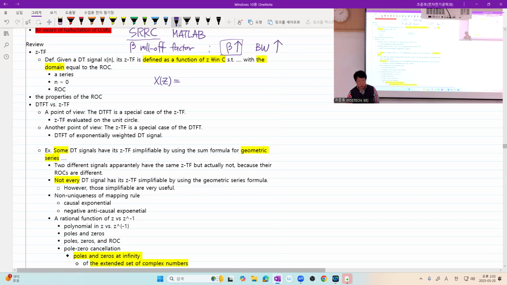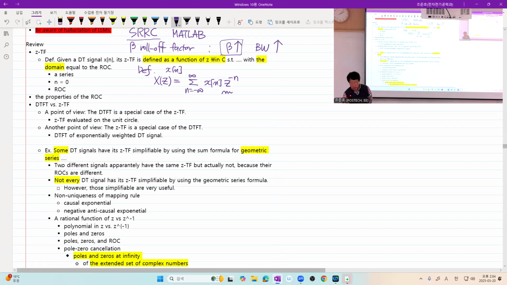The definition of the Z transform of a discrete time signal x[n] is given by this infinite sum, which may contain z raised to the power of a positive or negative integer.